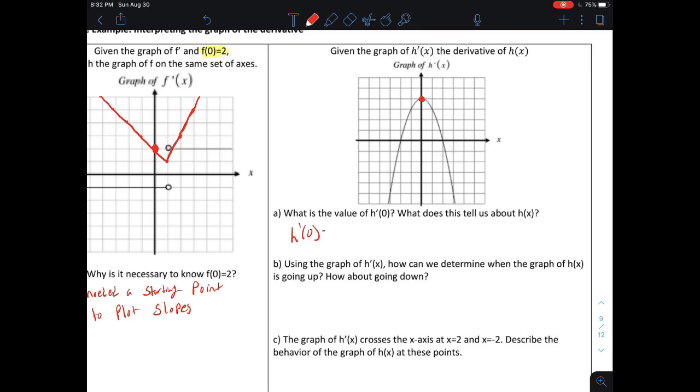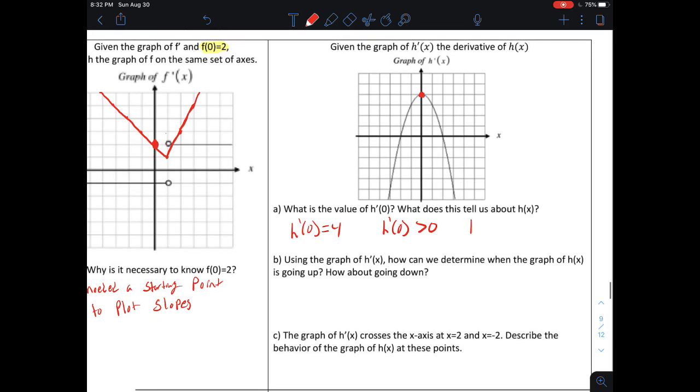So h prime of 0 is equal to 4. What does that tell us about h? Well, because h prime of 0 is greater than 0, meaning it's positive, that means h is increasing. It's increasing at 0. So I know it has to be going upward to the right of 0, at least for a little while.